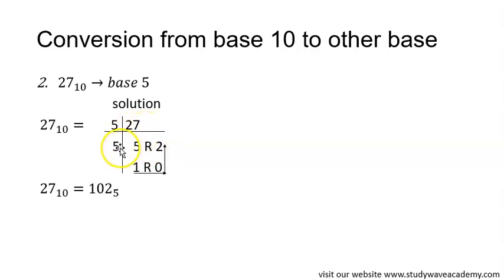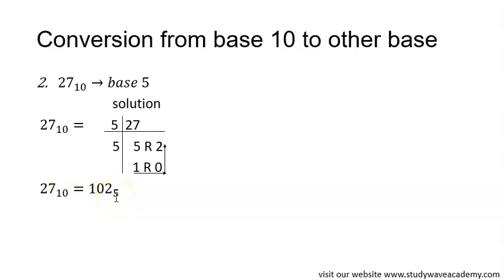Good. So 5 in 5 is 1, remainder 0. There's nothing remaining. So what do we do next? We're taking the remainder, and where are we starting from? Here, right? From here up. Okay, so we have 102 in base 5. So 27 in base 10 is equal to 102 in base 5.